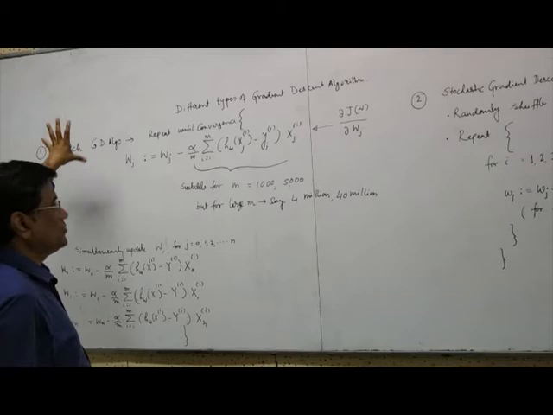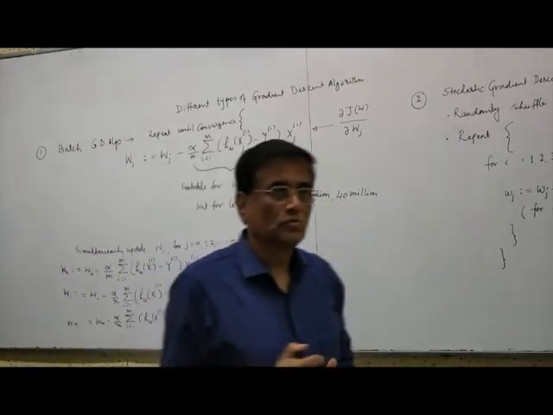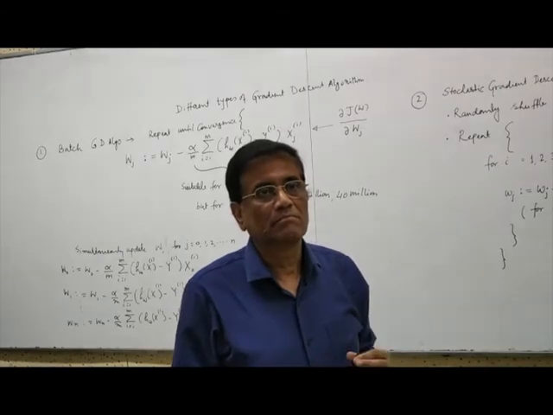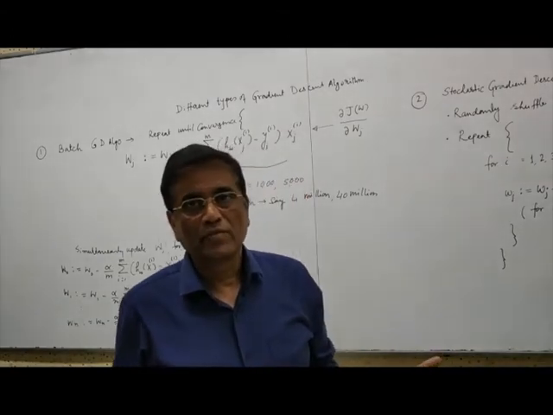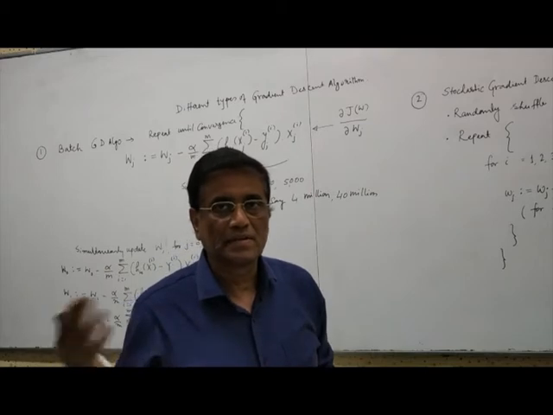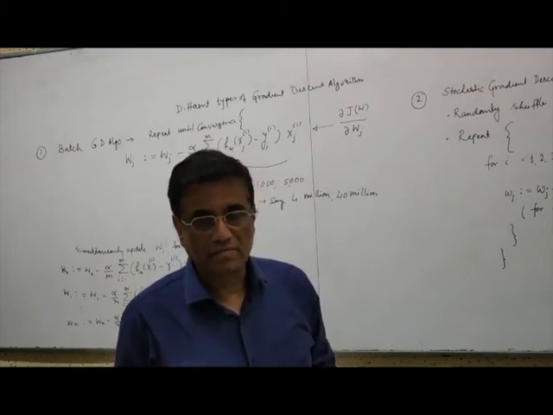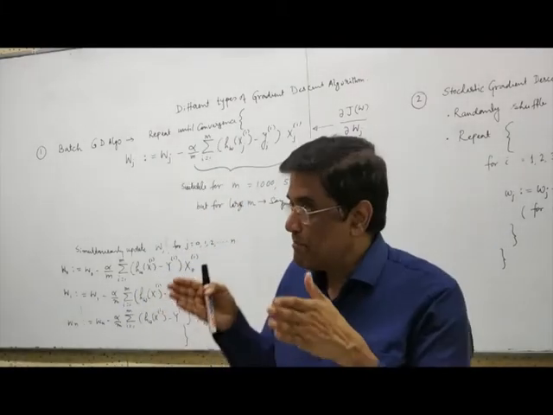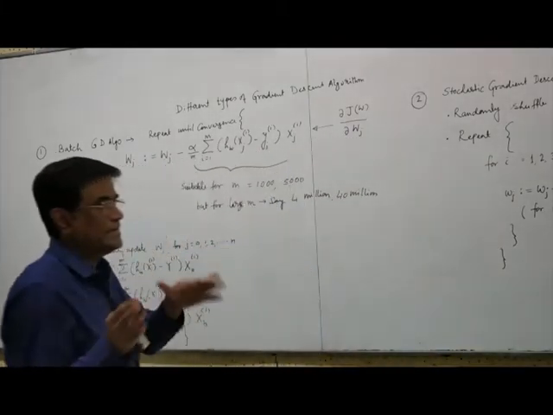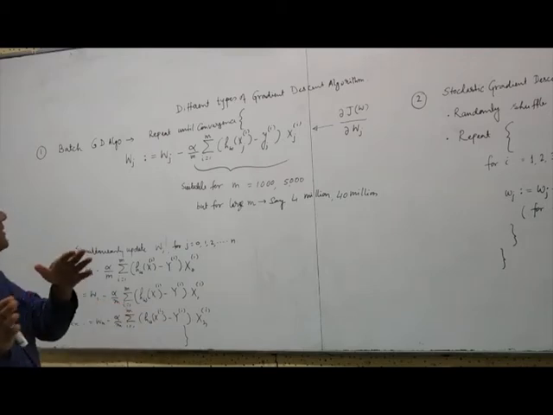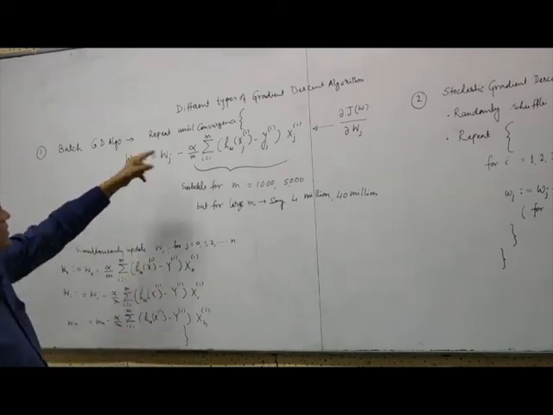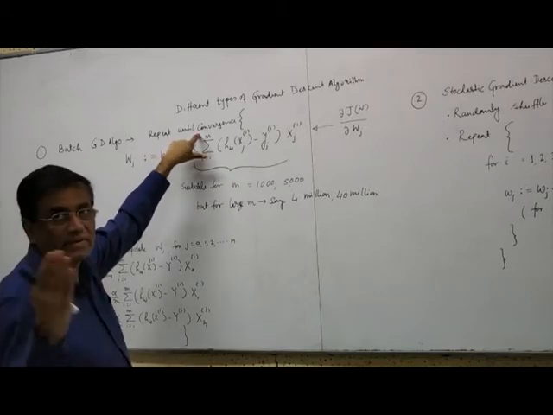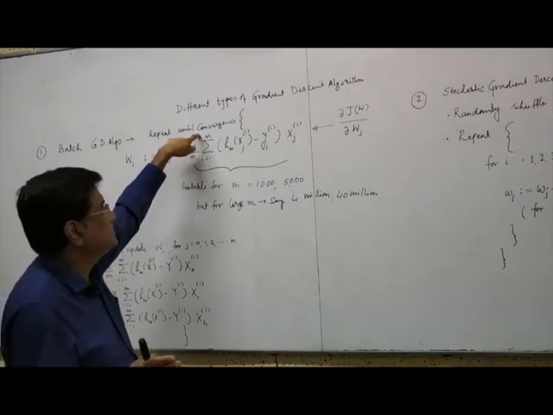Normally, as I told you, you may consider taking some 250 for training purposes and the rest for testing or validation purposes. Now, this batch which you are taking for training is being utilized for the algorithm. So i equals 1 to m is the number of training samples.